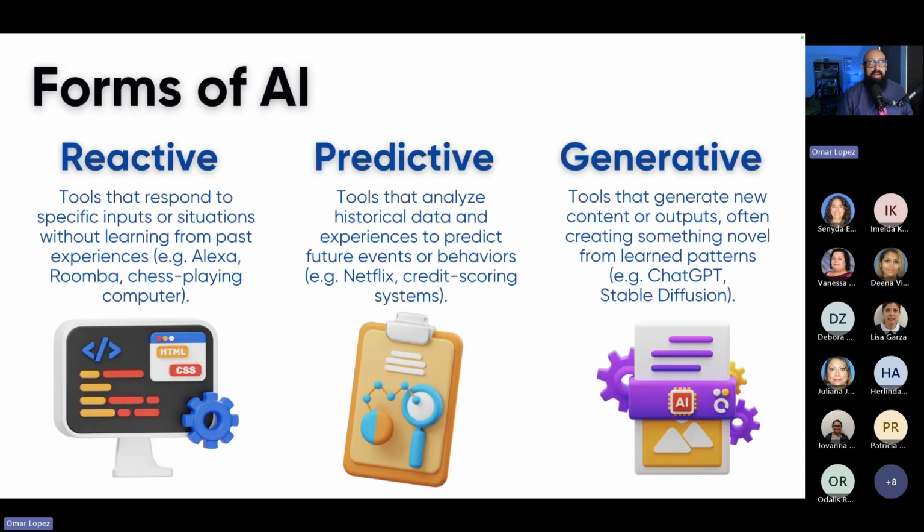and then it gives us the output of what we're looking for. Really quick, three forms of AI. Reactive AI, that's the one that we've had for years, whether you're using Siri or Alexa or even another Google device that reacts to basically the data that's been fed. Then there's predictive learning on algorithms: your social media algorithms, your Amazon algorithms, your Netflix algorithms.